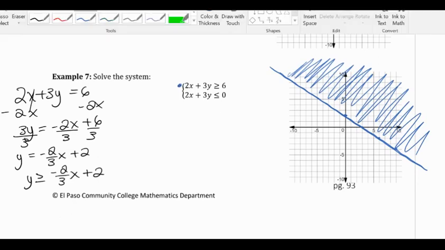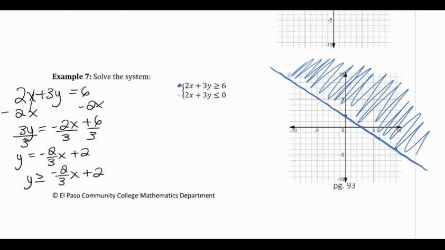Now let's go ahead and graph the second line. So we have 2x plus 3y is less than or equal to 0. So we have 2x plus 3y equal to 0.